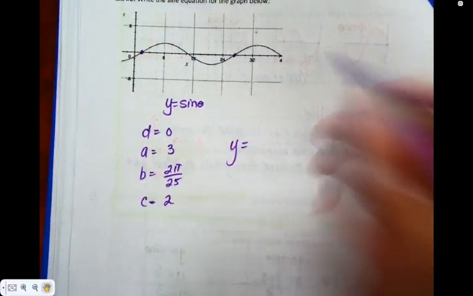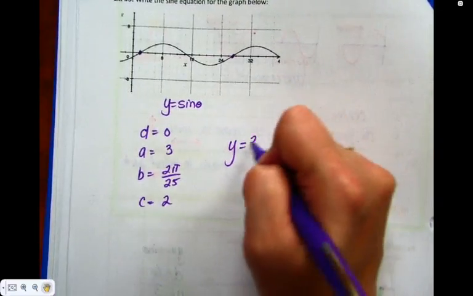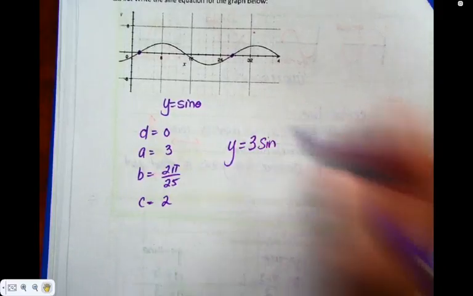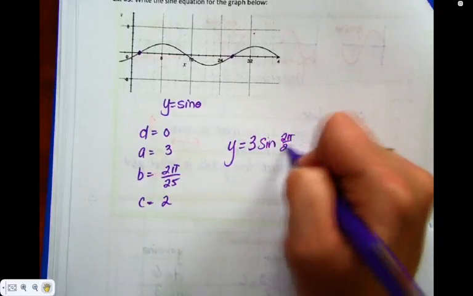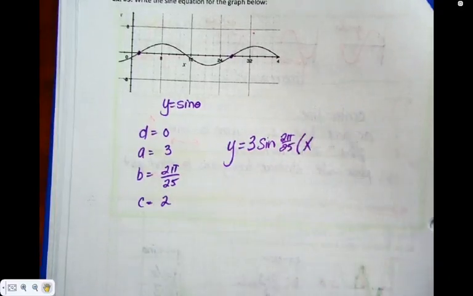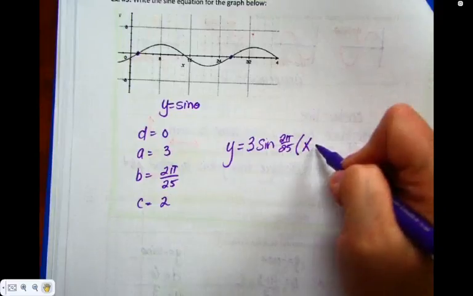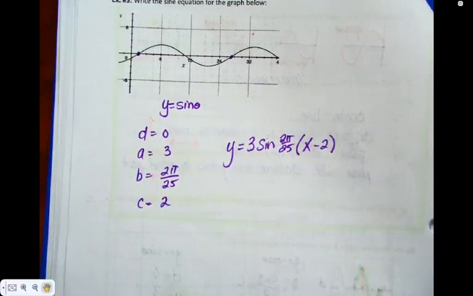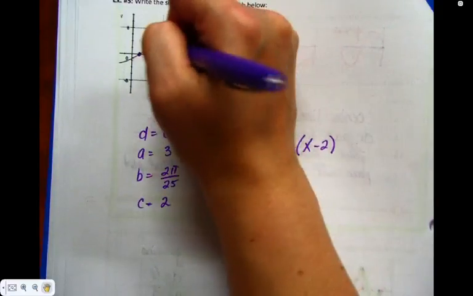So y equals, first number is, followed by, followed by, followed by. X, theta, doesn't matter. And nothing. Nick, center line to a max or center line to a min?